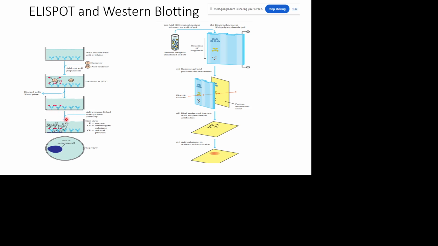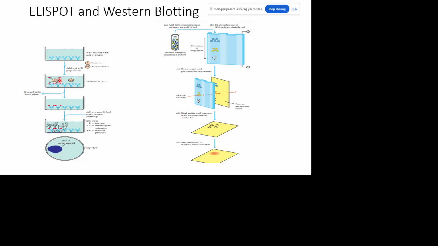as it is bound with the antibody. Now we will add the secondary antibody, which is enzyme linked, and then when you add the chromogenic substrate CS, it will be changed into the colored product CP. Then you will see a blue color only at the positions where the cells were able to secrete that particular cytokine.